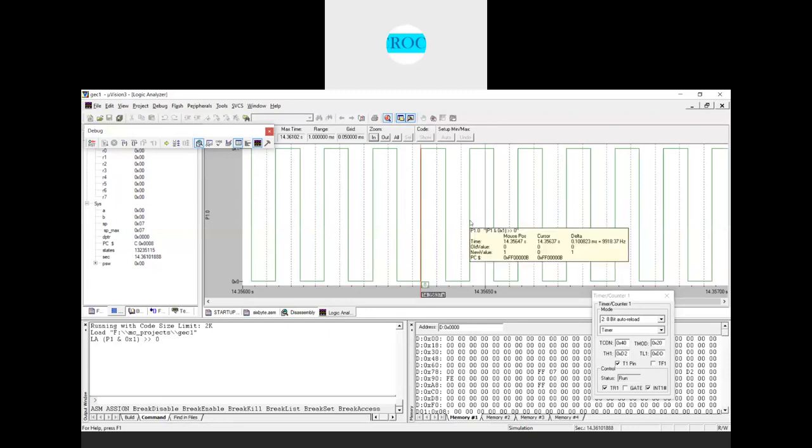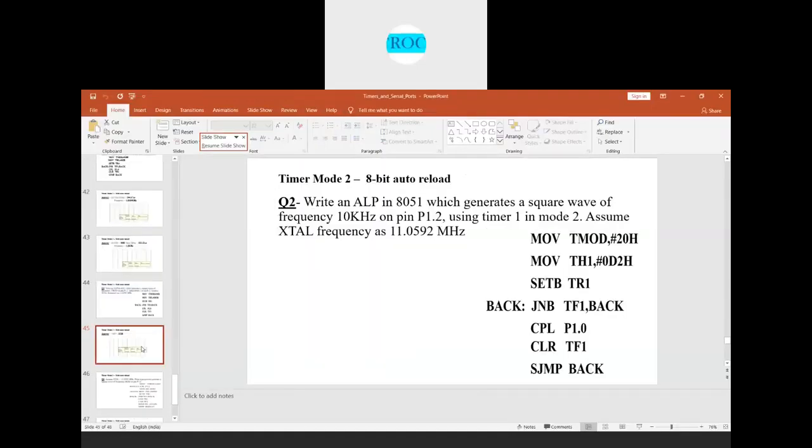So what we get is 9.918 kilohertz, a 10 kilohertz frequency that we have generated with an initial count value of D2. We have written the program with the initial count value we got.